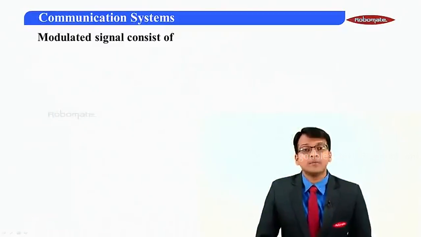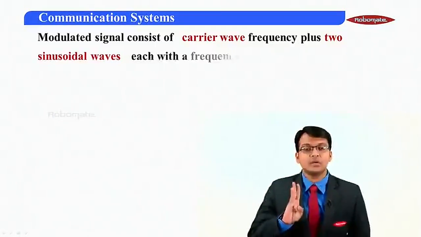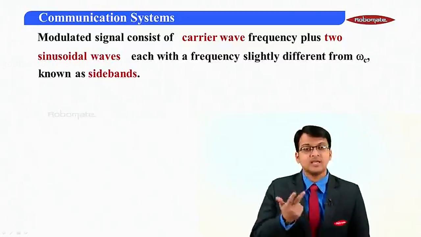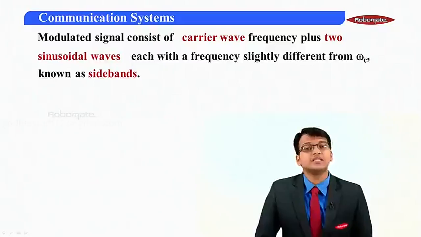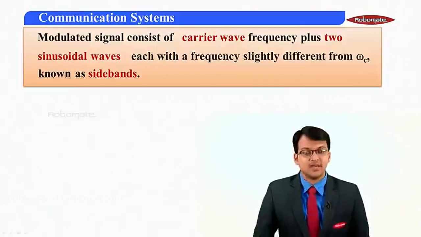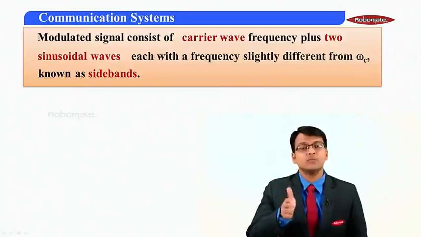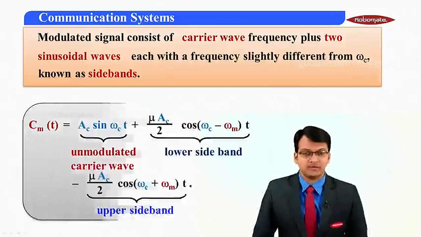So for amplitude modulation, I need to remember three different equations: one is your carrier wave, and the other two are your frequency bands, the lower sideband and the upper sideband, having frequencies omega c minus omega m and omega c plus omega m. Perfect, dear students.